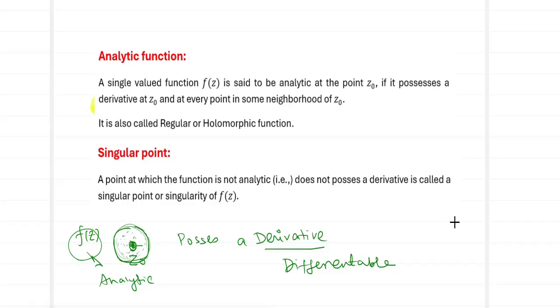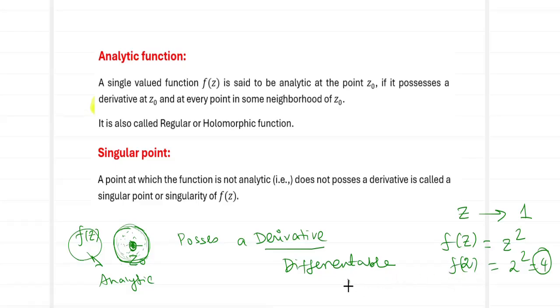When you give an input z, the output must be only one. Now, if I have f of z defined as z square and I give z equal to 2, what will be f of 2? 2 square, which is equal to 4. So this is single valued.